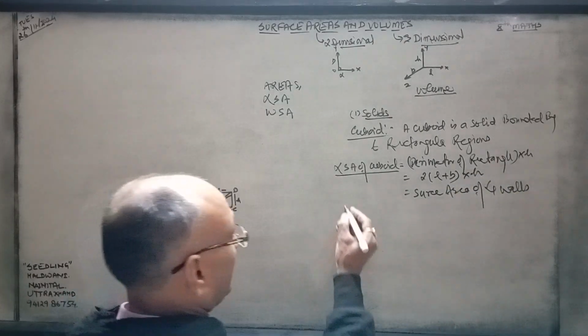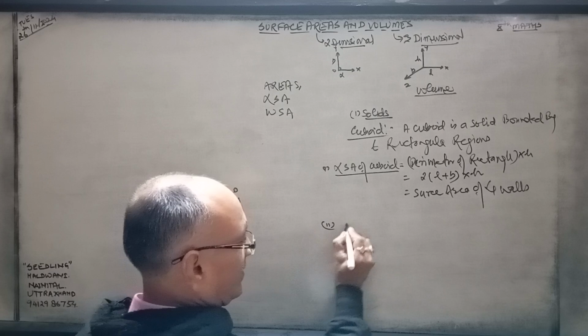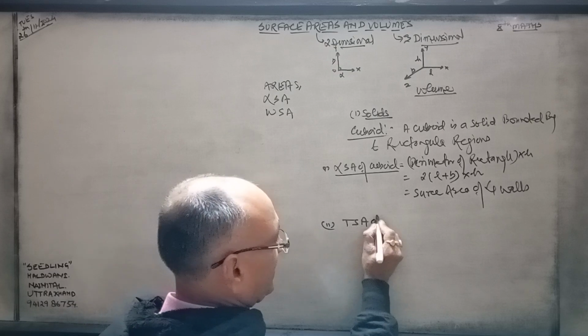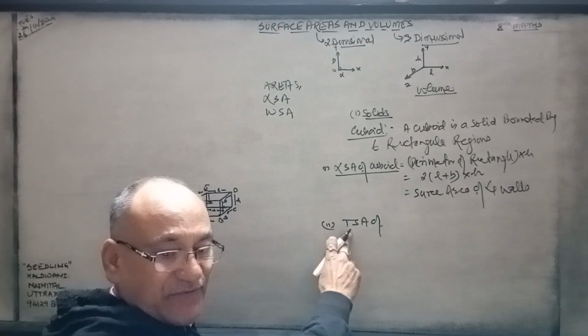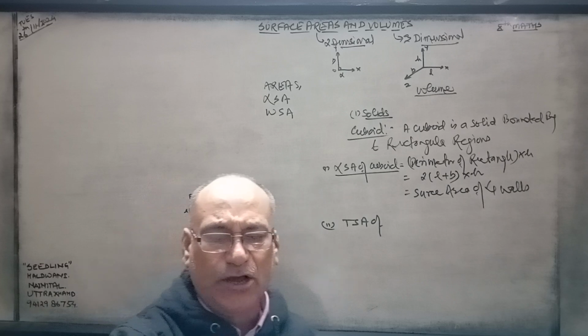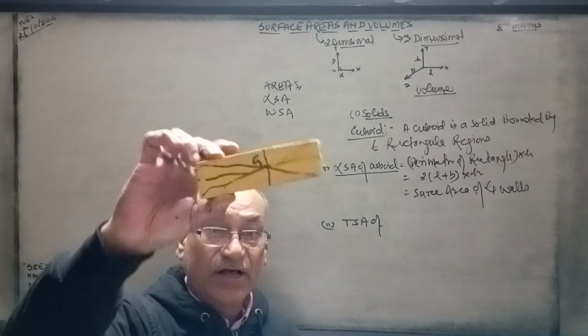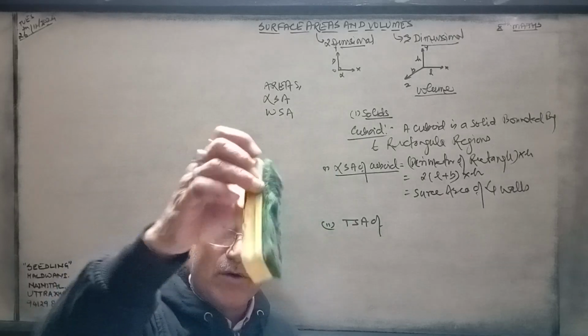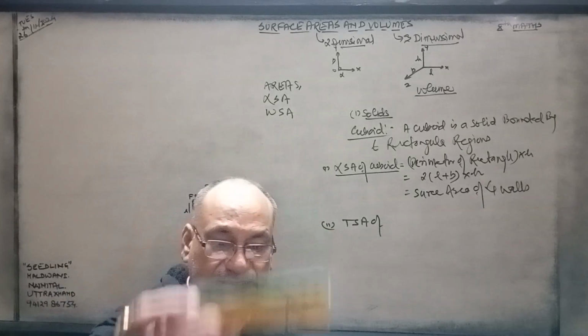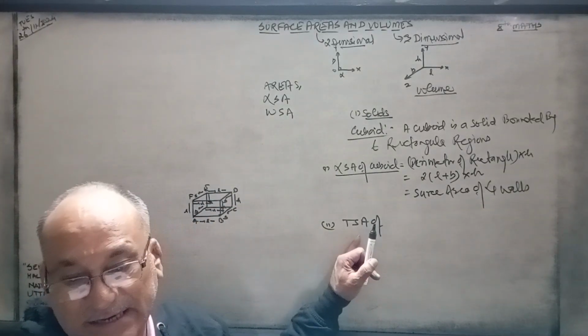Is it clear? Then the second formula is the total surface area, also known as the whole surface area. When you look at any object like this, this is the lateral surface area or curved surface. When you look at the object from all the 6 directions, that is the total surface area.